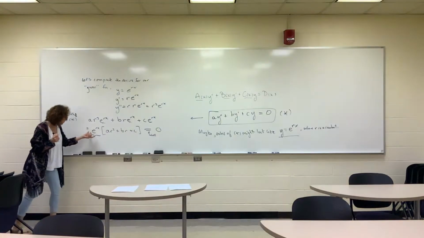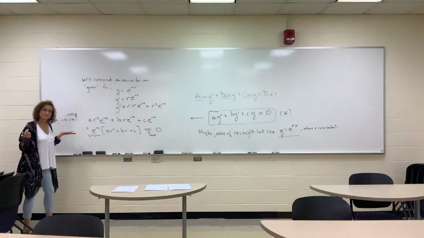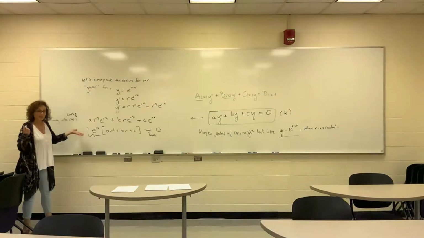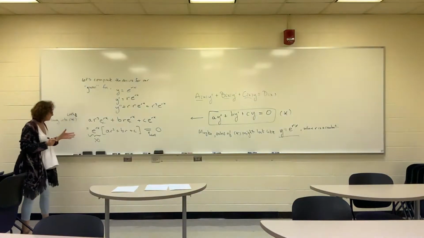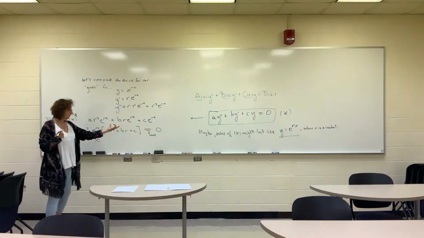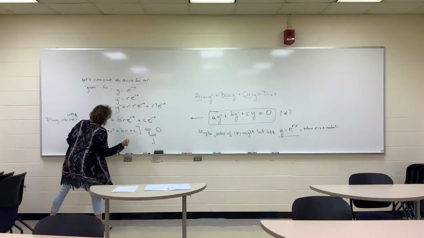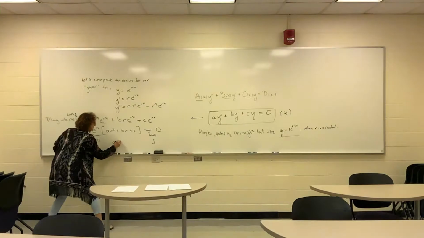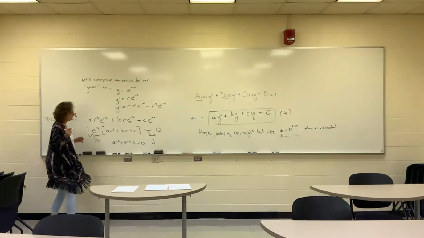What can you tell me about this piece of the product? Is that ever 0? Good, no, never. Is it ever negative? No, e to stuff is always positive. So if the product of this and this is going to be 0, then what has to be true? If we want that, then A r squared plus B r plus C must equal 0.